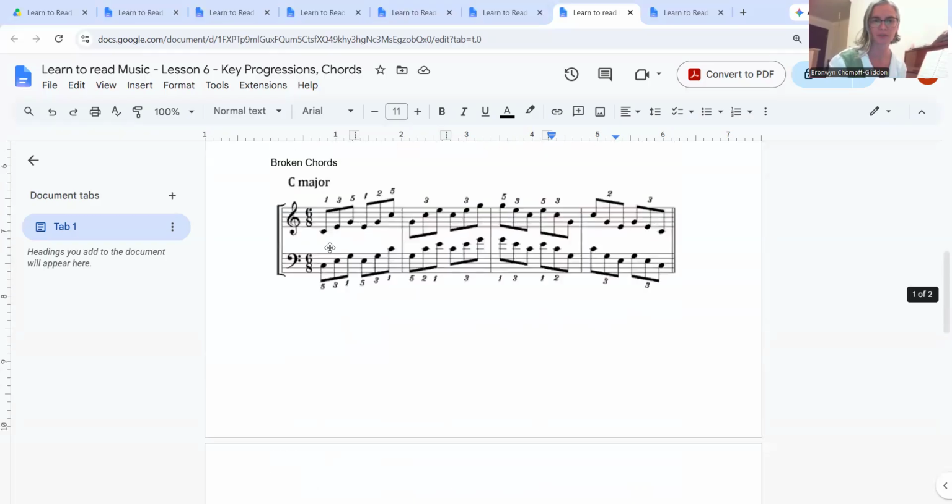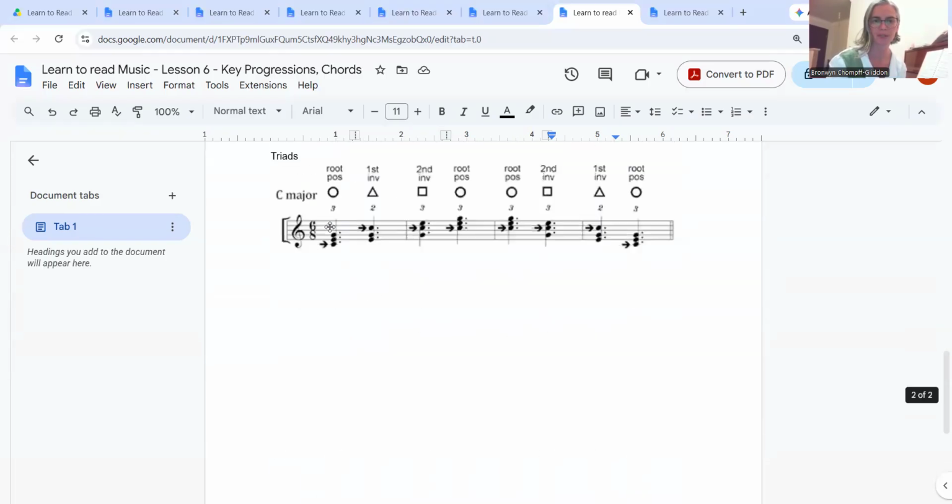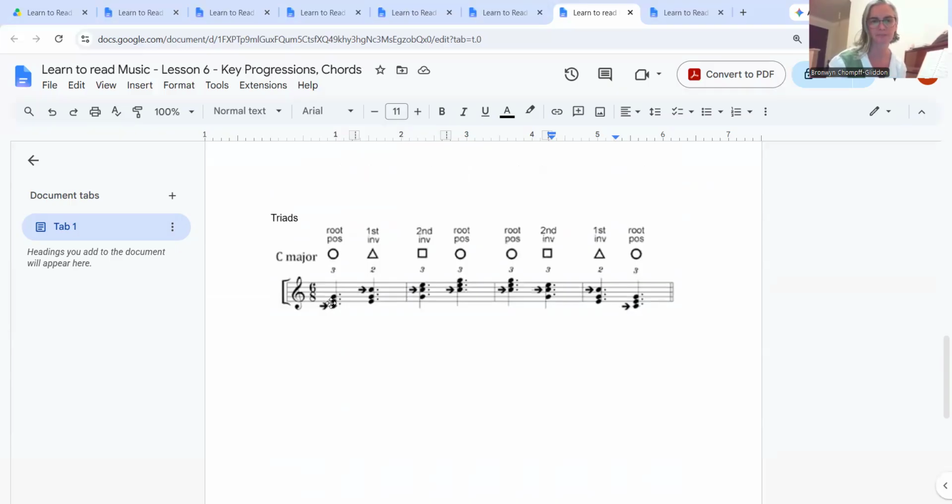So we've got the broken chord and then the triads. So this is a root position. So we've got C, this is the triads of C major, where we've got C, E, and G, 1, 3, and 5.